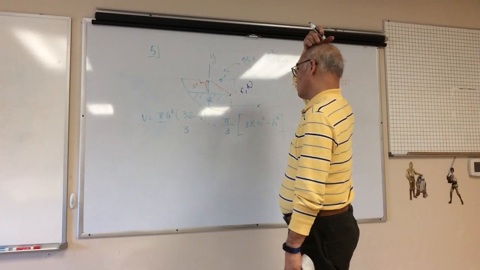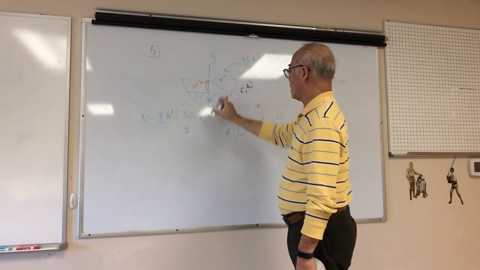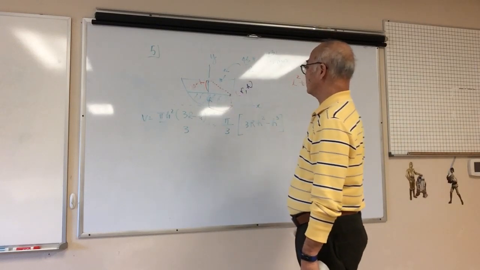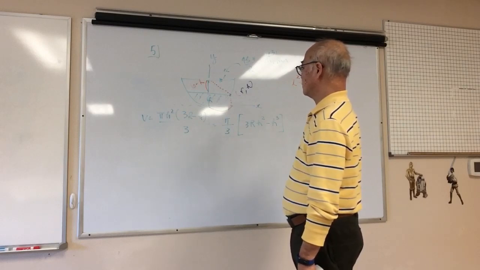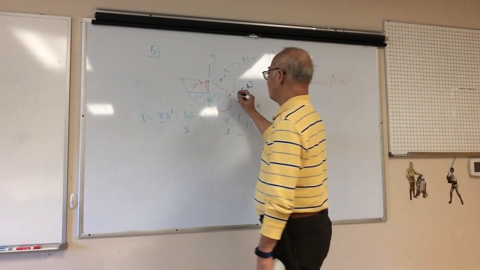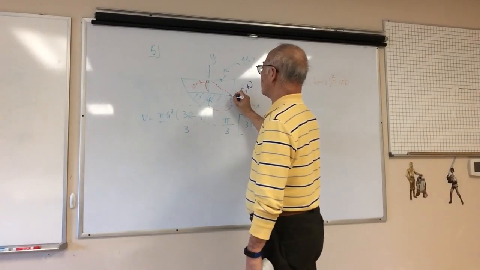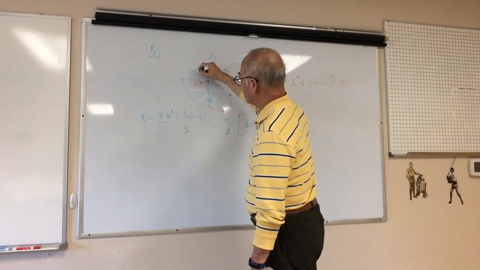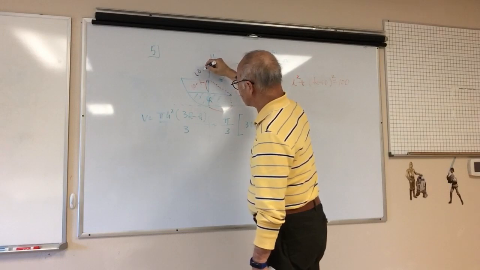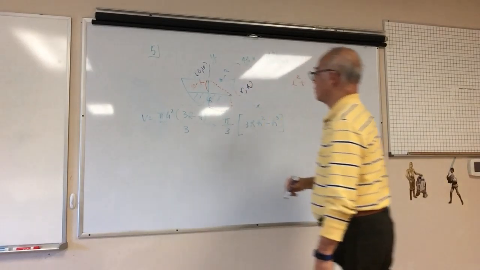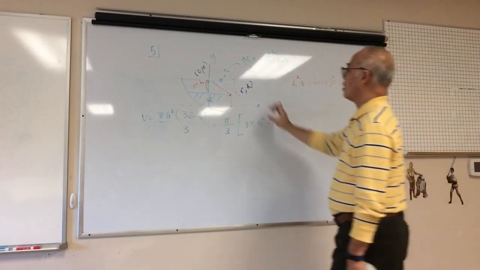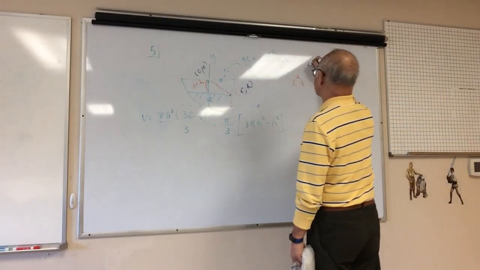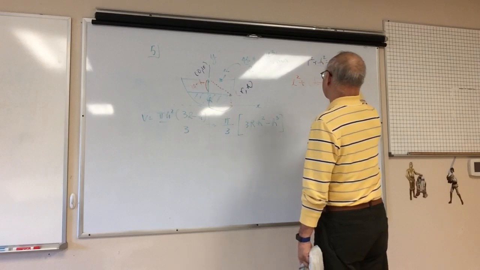So if this is R, how is that R? I don't see how that's R. Yeah, me neither. The distance from here to here is R. This is 0, 10. Correct? The distance from there to there would be r, wouldn't it? So what we're calling this is r squared plus h squared is equal to 100.